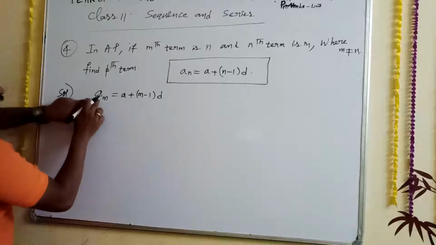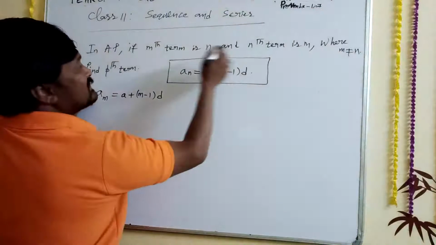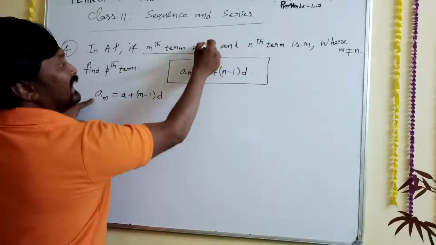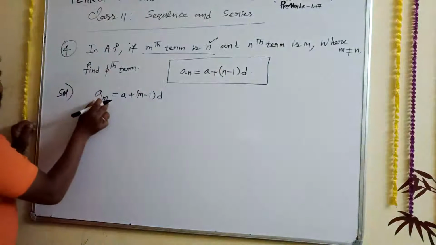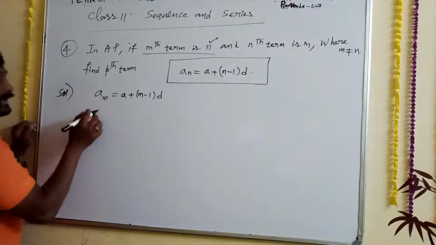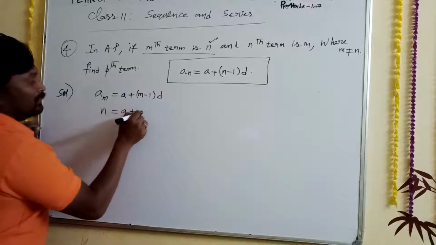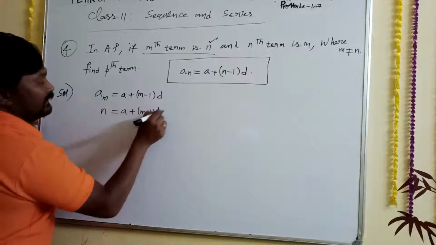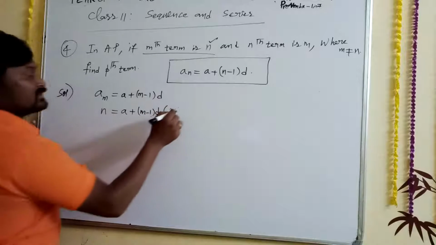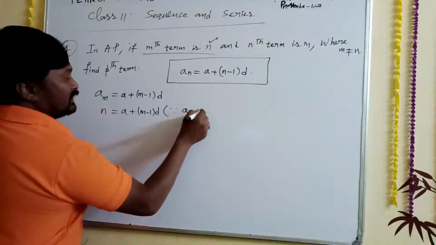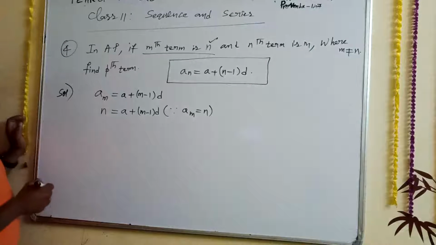Now, what did they say the mth term is? The mth term is n. So wherever am is there, you need to substitute n. n is equal to a plus m minus 1 into d. Here you can write, since am is equal to n. This is given in your question.